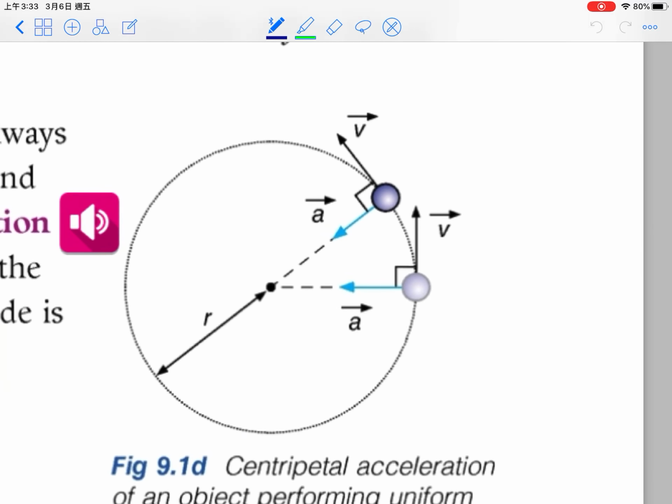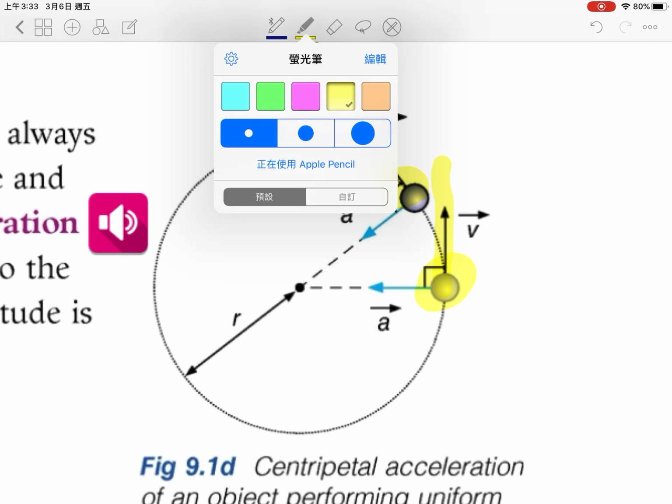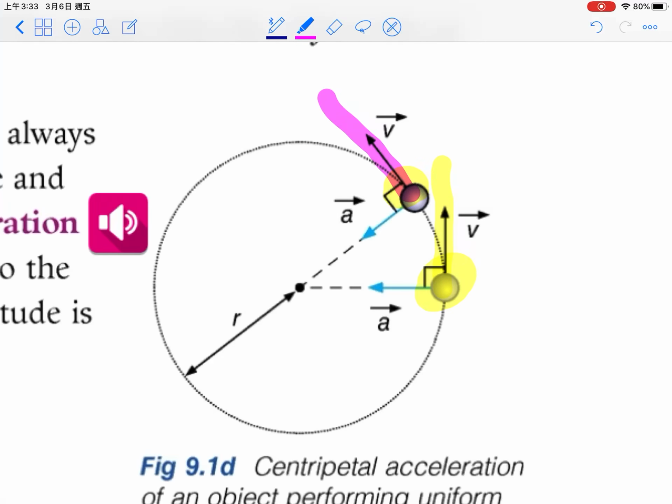Now, if the object here is moving in a circle, at this point it has a linear speed going up, but at some time, can you see the velocity is changed? Do you know why? Because the direction of velocity is changed. So there will be a change in velocity.